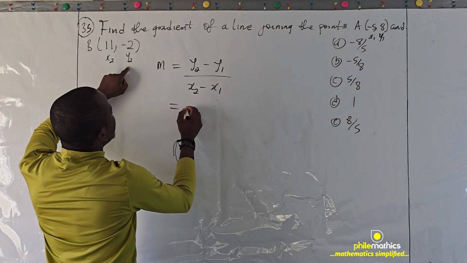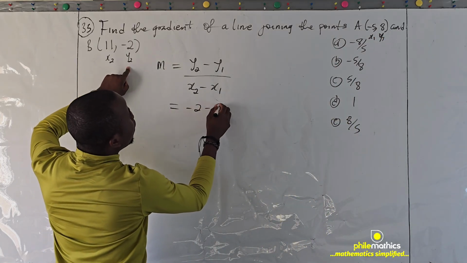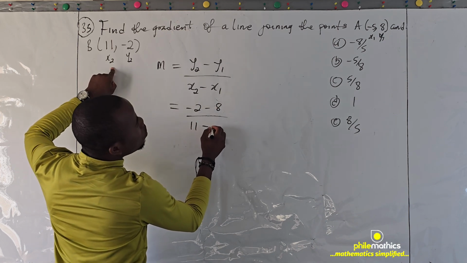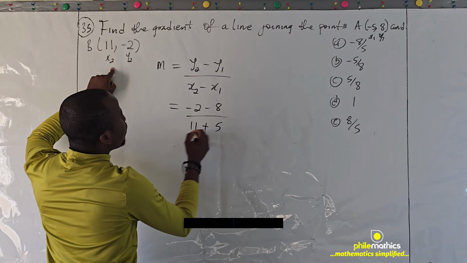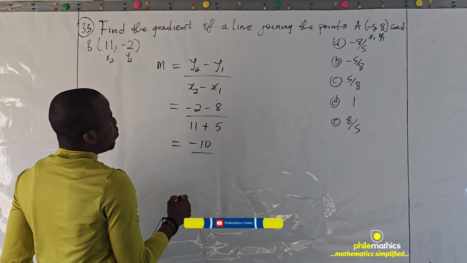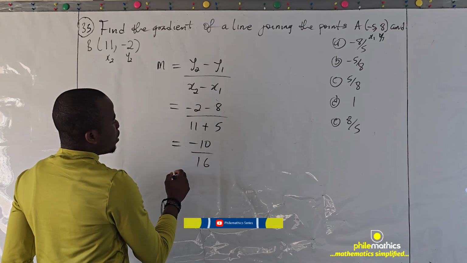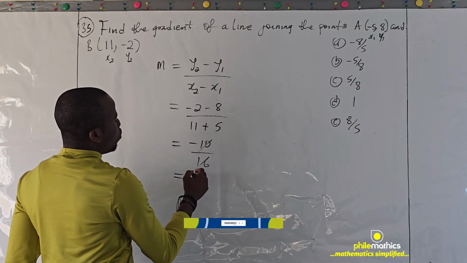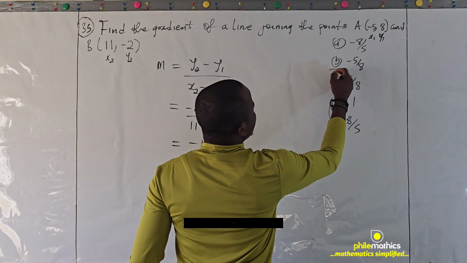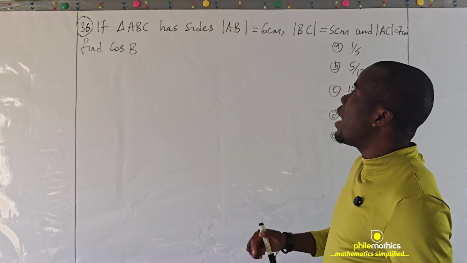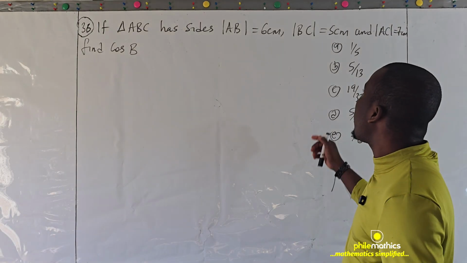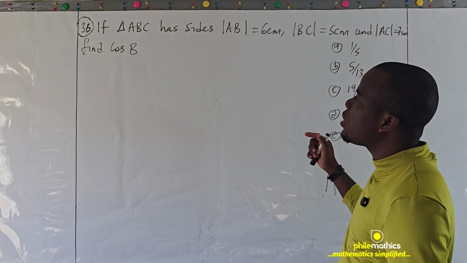So y2 minus y1 is minus 2 minus 8. x2 minus x1 is 11 minus 5, which is plus 5. So minus 2 minus 8 is minus 10. 11 plus 5 is 16. And 2 can go, it is minus 5 over 8. And that's B.